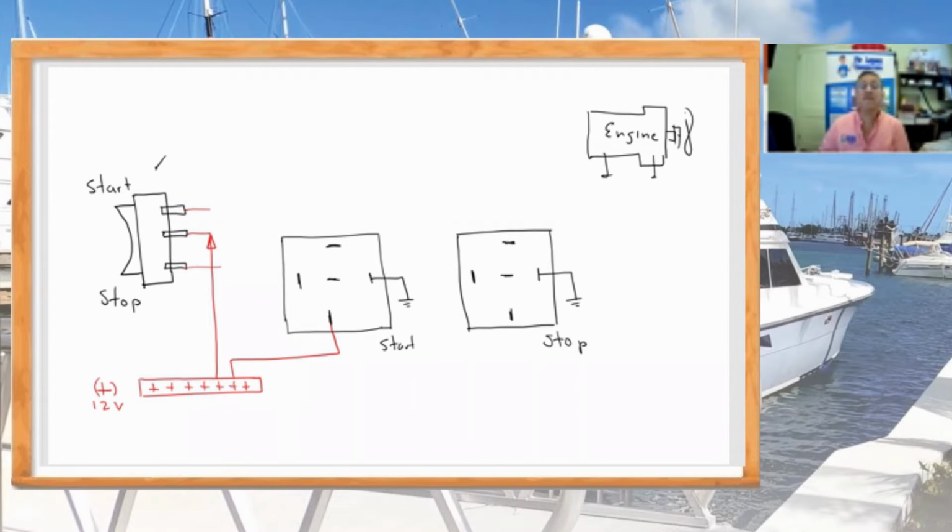This is a very, very common switch for generators, for marine generators. It's also very common for engines, start and stop. In some cases, the start and stop buttons are separated. They are independent, but both of them are momentary buttons.